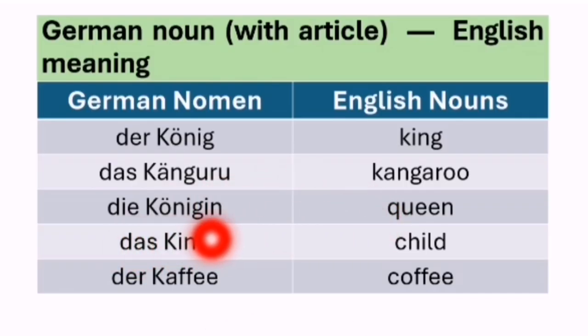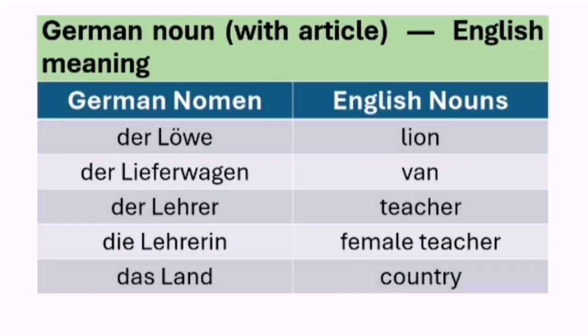Die Königin, queen. Das Kind, child. Der Kaffee, coffee. Der Löwe, lion. Der Lieferwagen, van. Der Lehrer, teacher. Die Lehrerin, female teacher. Das Land, country.